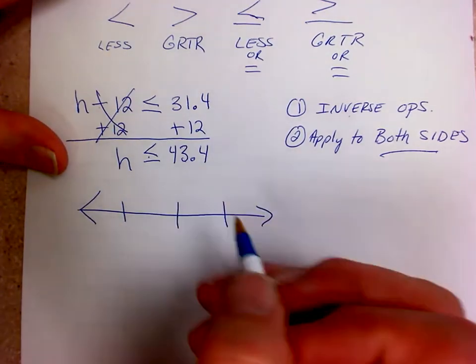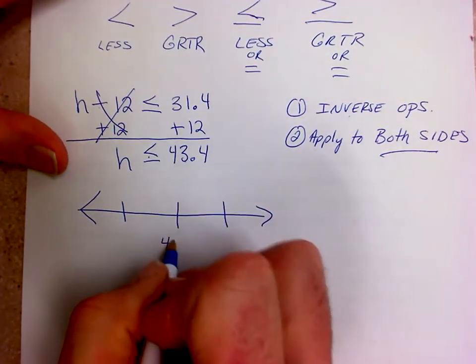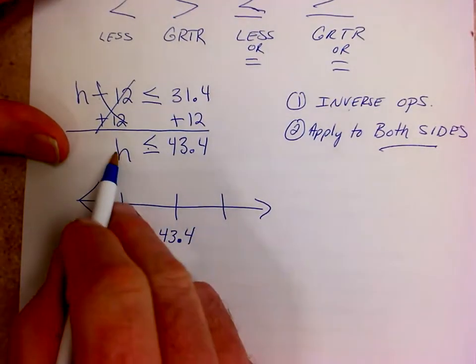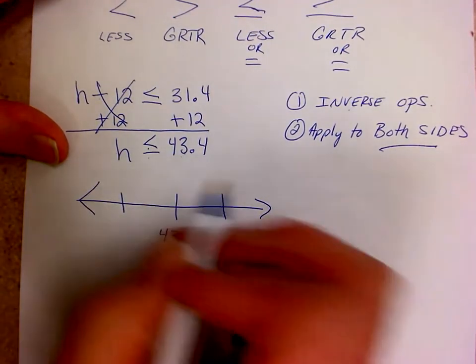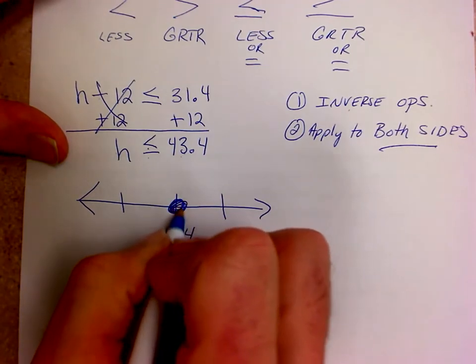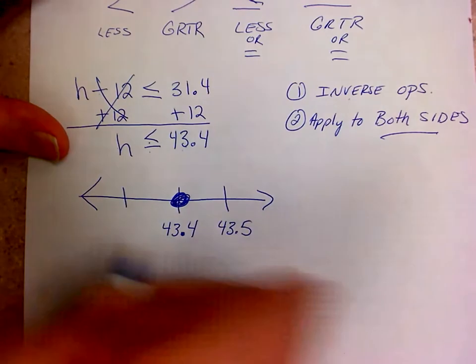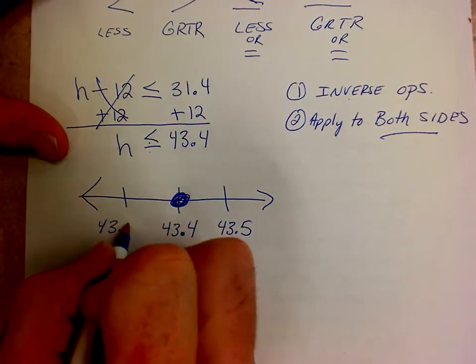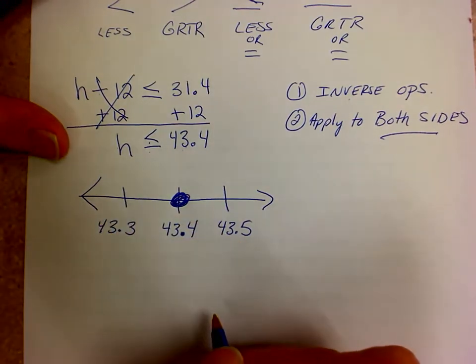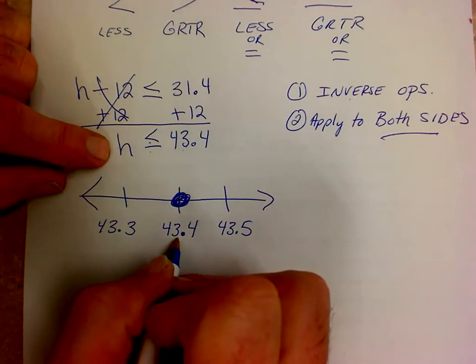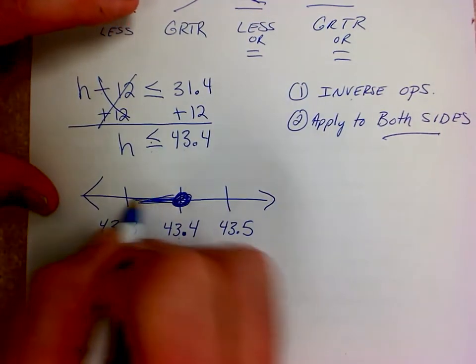Remember our rule: whatever number we come up with when we solve, we're going to place in the middle. H equals 43.4, so we want to graph that. We put 43.5 and 43.3, the next number on each side. Now h is less than 43.4, that would be all the numbers to the left.